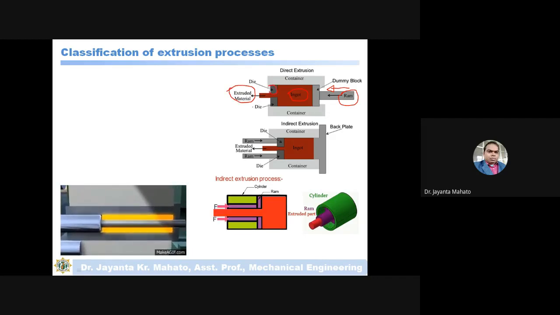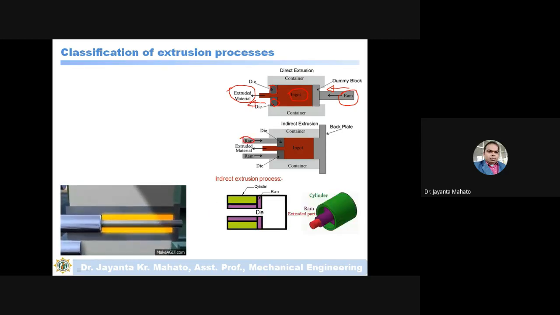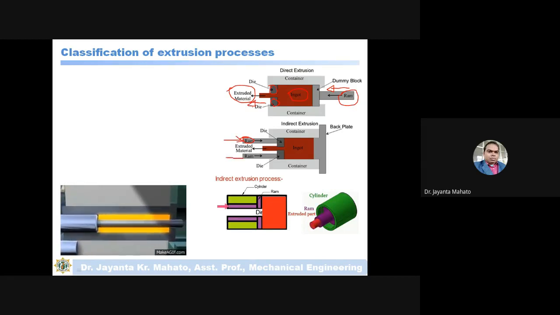This is the die, the upper part, and this is the lower part of the die. So this material will come out from the die along this direction. In whichever direction you are applying, meaning traveling the ram or applying the force, the material will extrude out from the die in the same direction. In the second figure, this is the ram, the upper part and the lower part of the ram.